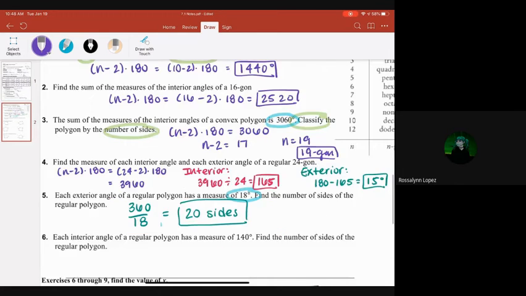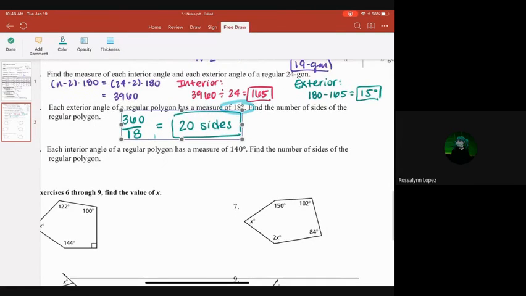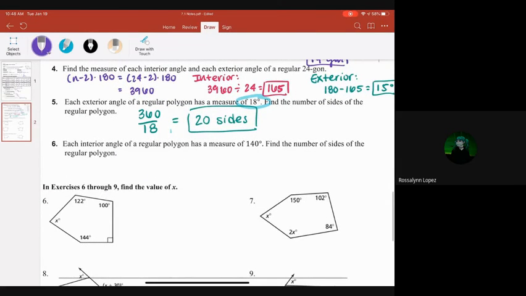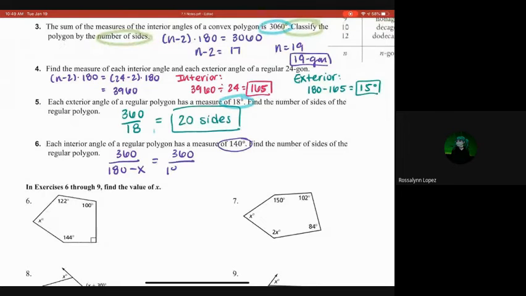Go back down there. So number 6, it's telling you each interior angle has a measure of 140. So one way to do this is to use your 360 divided by 180 minus x formula, which is 360 divided by 180 minus 140. Now, the whole purpose of this 180 minus 140 business is to find your other angle, your exterior angle.